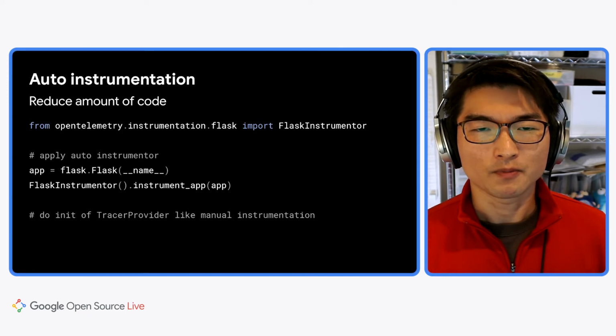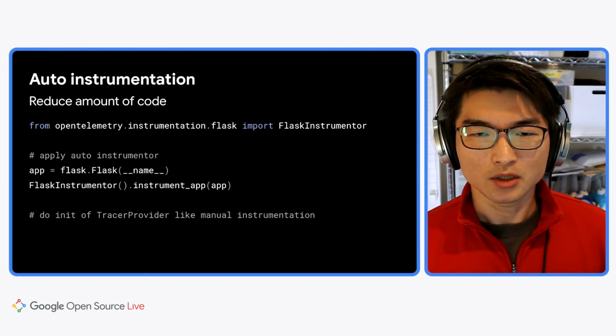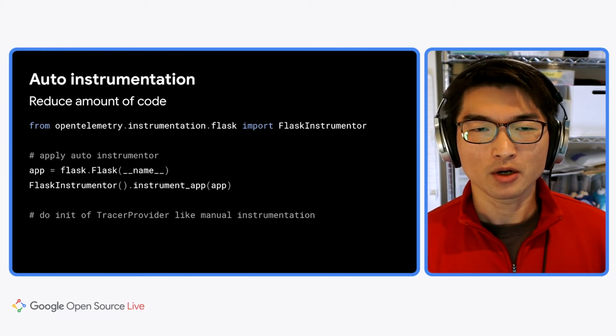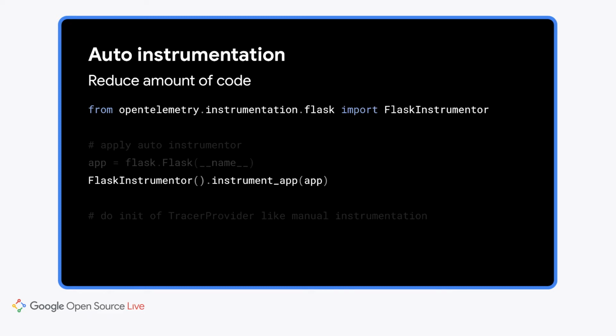In this sample, someone is trying to instrument a Web API server with Flask, a Python framework. Please look at this line. This line does a lot for you. The Flask Instrumenter instance automatically injects root spans in each handler.